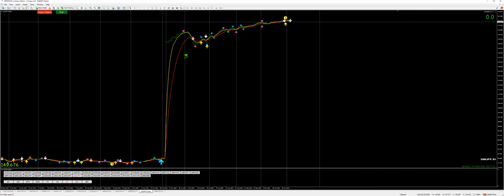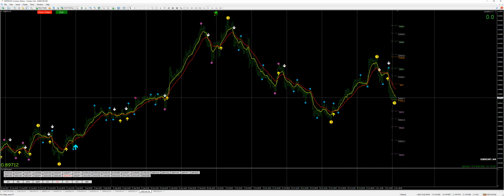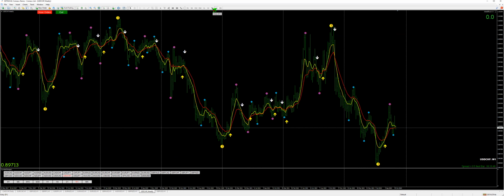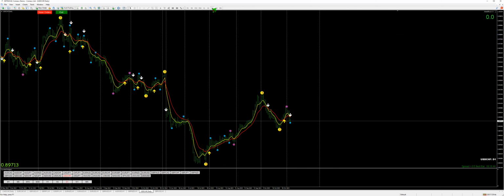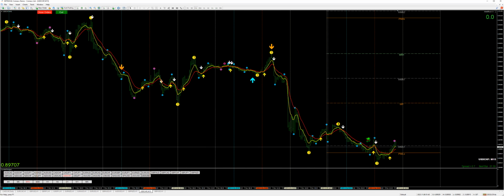Daily, missing data on this platform, but daily short. H4, no trend. USD Swiss, weekly, no trend. Daily short, 4 hour short, 15-minute. There's a trade short here, Asian session.